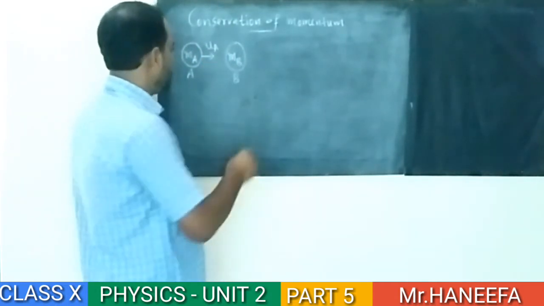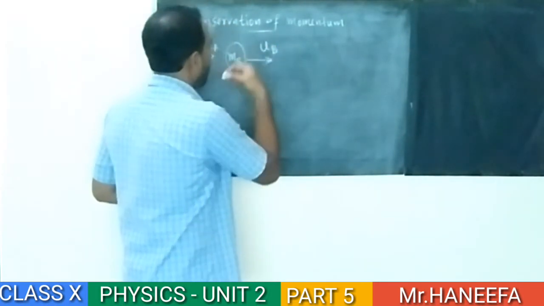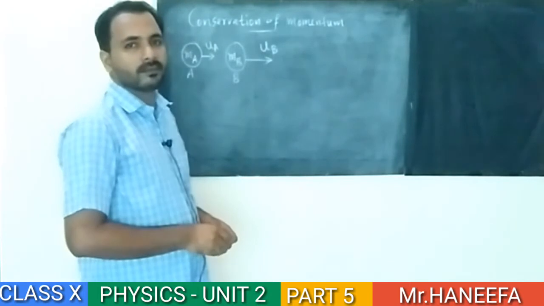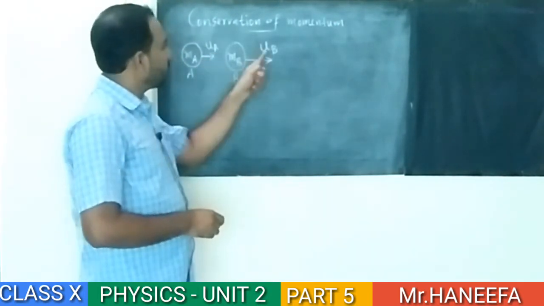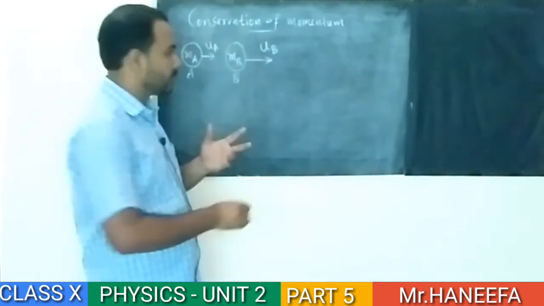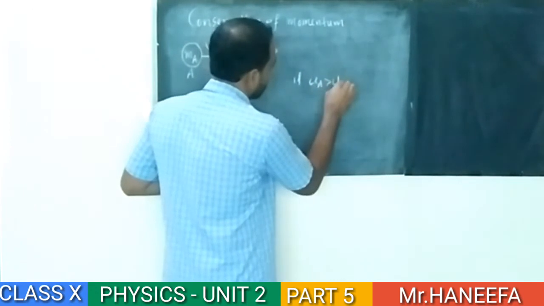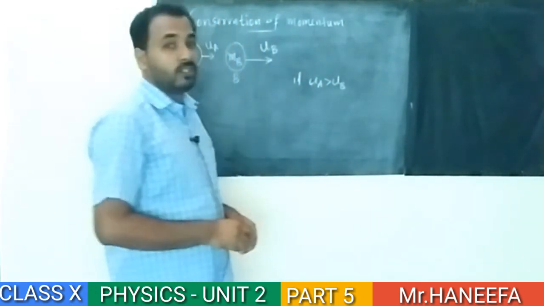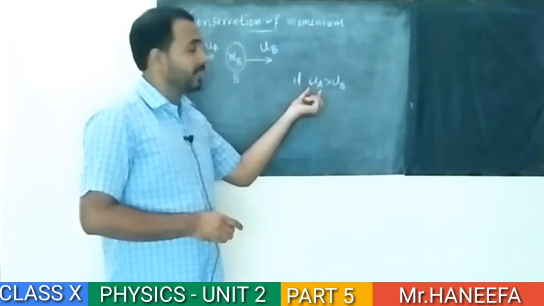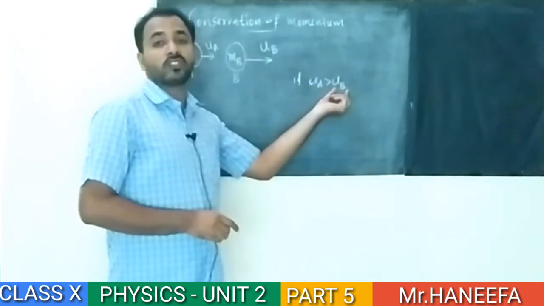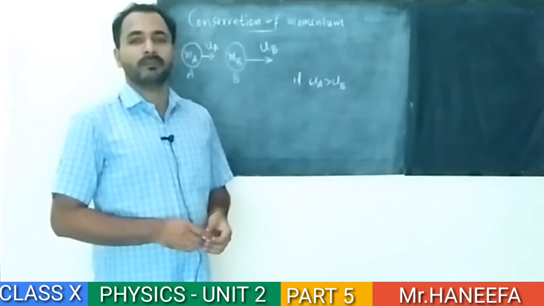Next, object B moves with initial velocity ub. If ua is greater than ub, what happens? If initial velocity of A is greater than the initial velocity of B, so A collides with B.